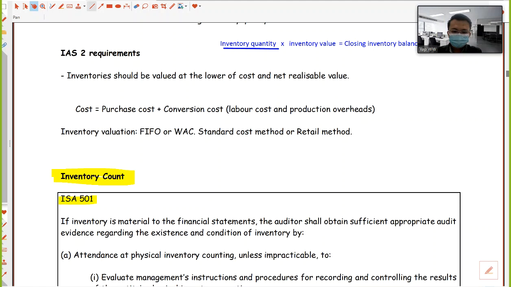The standard says when your inventory balance is material to the financial statements, a big amount, you have to attend the stock count, by getting evidence on the existence and condition of inventory.